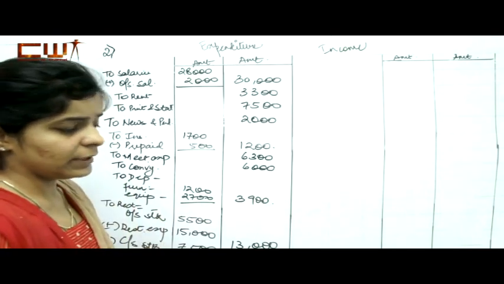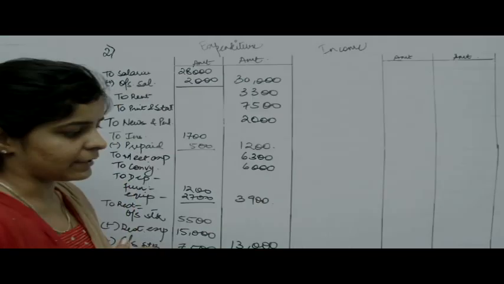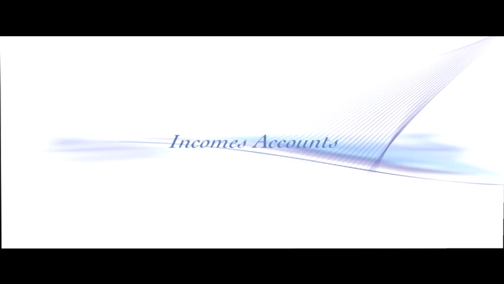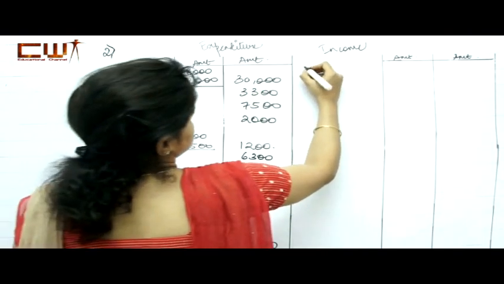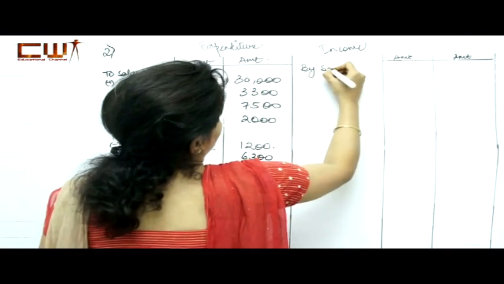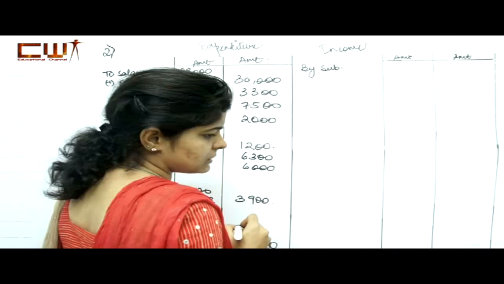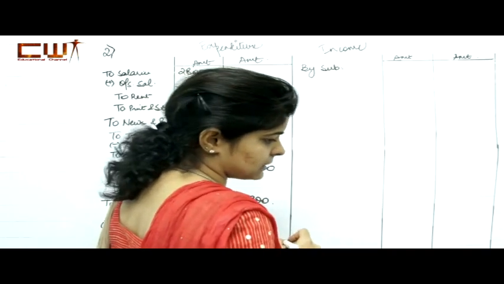Then we move on to the receipt and payment side, the receipt side. First of all, write the subscriptions. How much is the subscription given to you for this year?